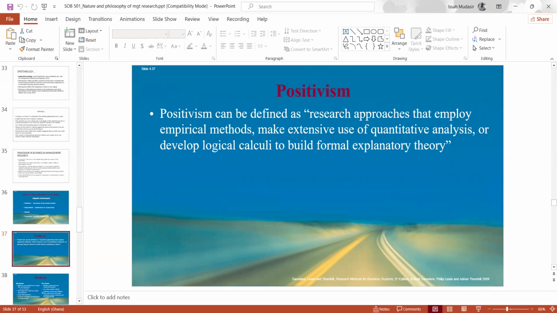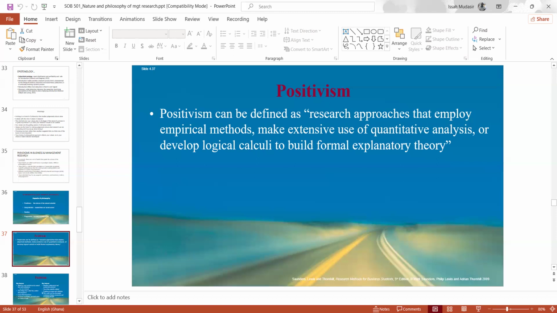But remember, for them, it's either true or what? False, not in the middle. It's either black or what? White. It's not gray. We don't have gray in the middle. Or it looks like it's white, but it's not that white. Or it looks like it's black, but it's not that black. No. For positivists, you are either black or you are what? White. There's no middle ground.